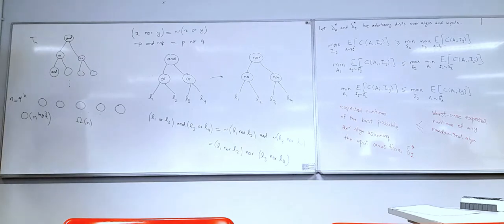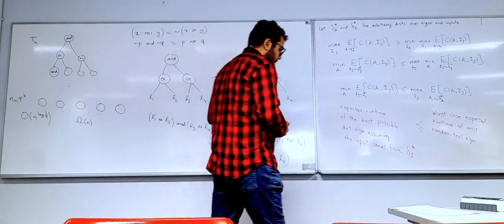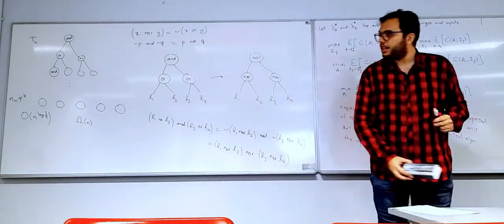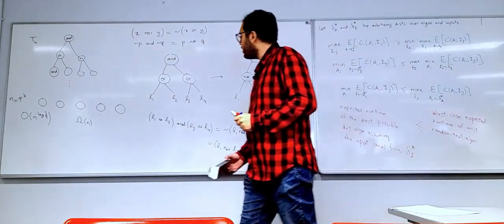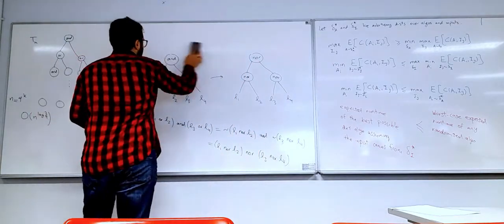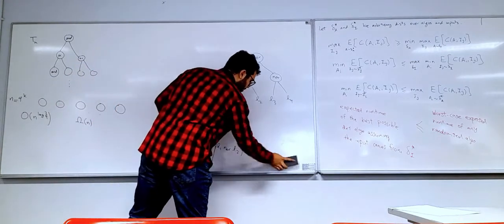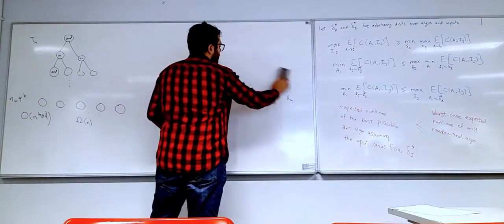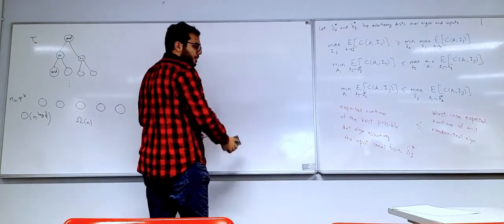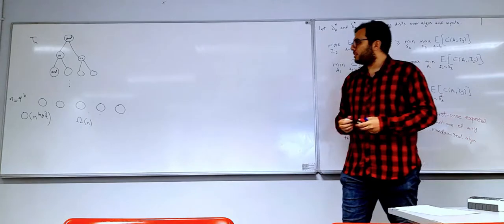Okay, so now I have a NOR tree, and its depth is 2k. It has 4 to the power of k leaves. And I'm thinking about giving it some distribution over the inputs so that even the best possible algorithm cannot really solve it fast.